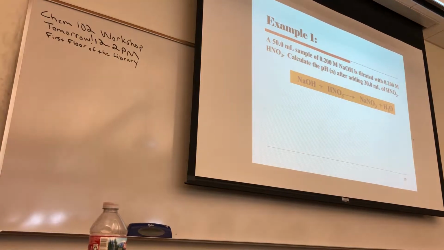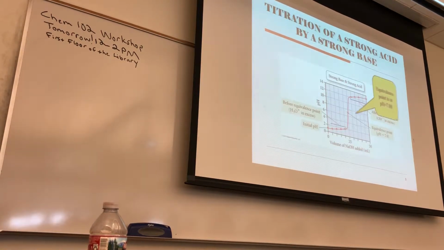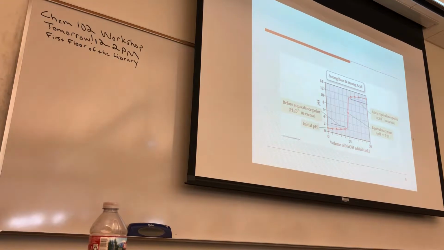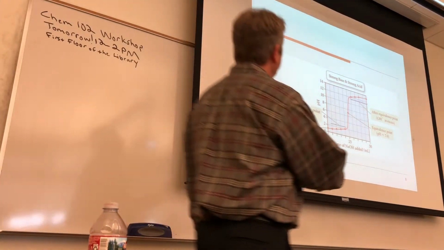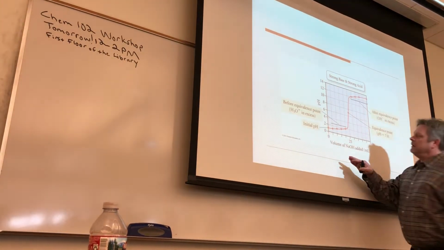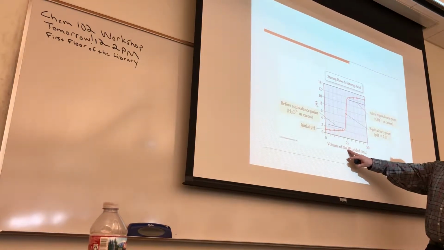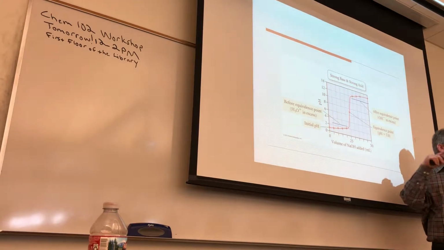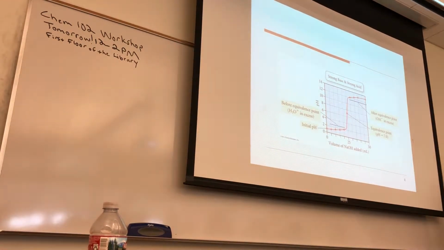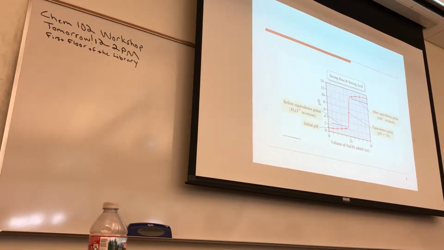Maybe I want to do one more thing here now that I think about it. What would this curve look like if, in this case, I'm titrating the hydroxide or the base into the acid? What would this look like if I reversed that? If I started with the base and I titrated the acid? Just the same, flip it. Thank you. Okay.